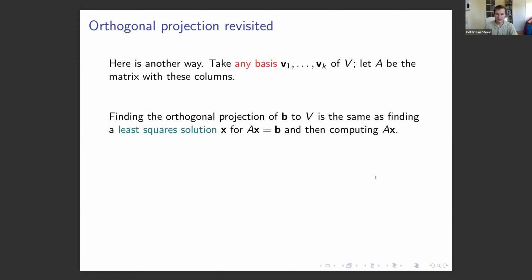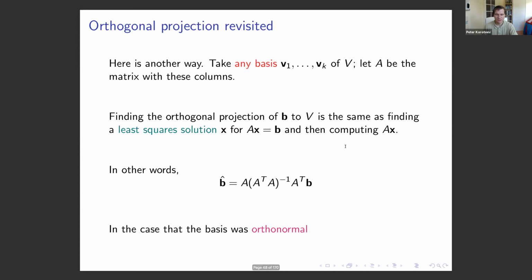So b hat will be A times (A transpose A) inverse times A transpose acting on b.